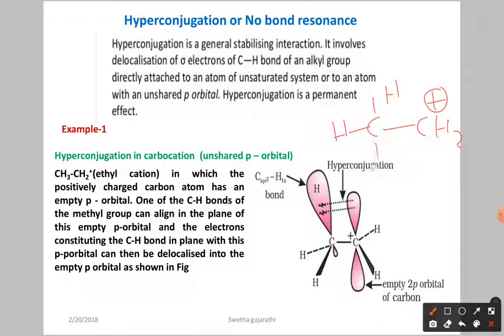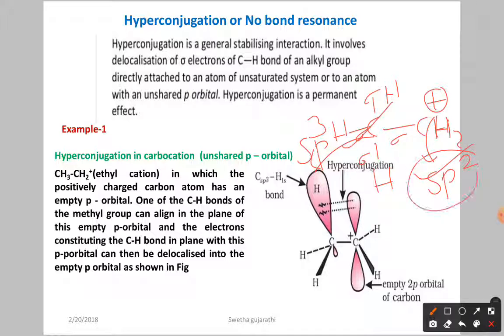For this carbon, what is the hybridization? sp2, because we have 3 sigma bonds. For the other carbon we have 4 sigma bonds, so it is sp3. So for hyperconjugation, an sp2 carbon should be attached to an sp3 carbon.